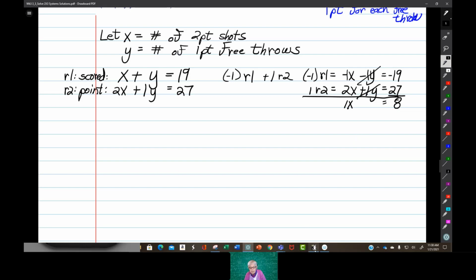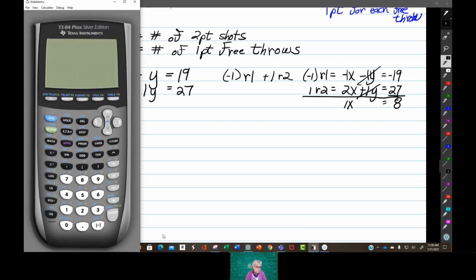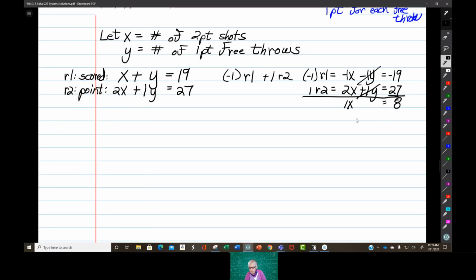I think, but I'm going to check on the calculator. -19 plus 27, enter. Yeah, okay. So x equals 8. 8 is the number of 2-point shots.